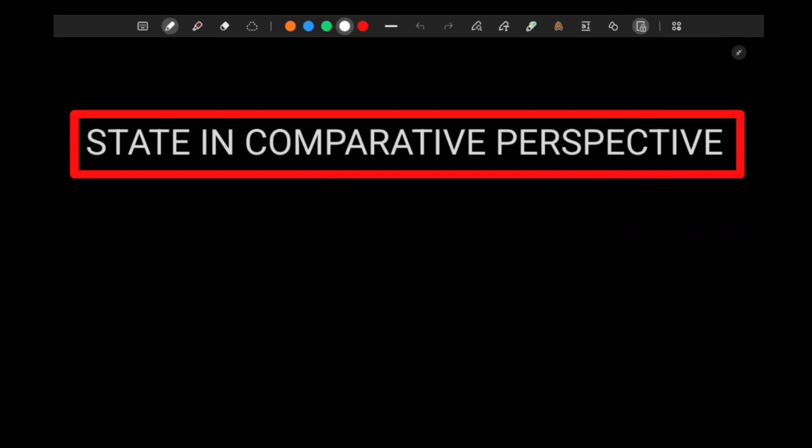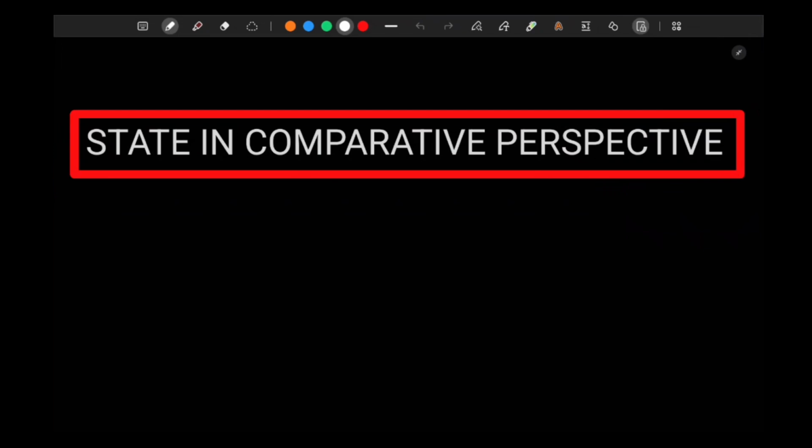How do you connect a particular subject matter to comparative politics? One, you use the comparative method; second, you see the real world application of a particular thing; and third, you see the changing nature of a particular thing.